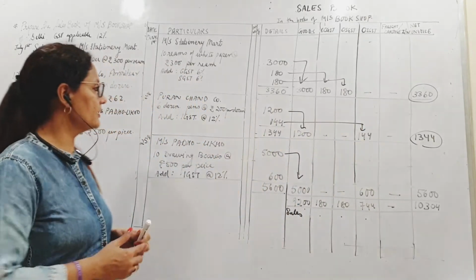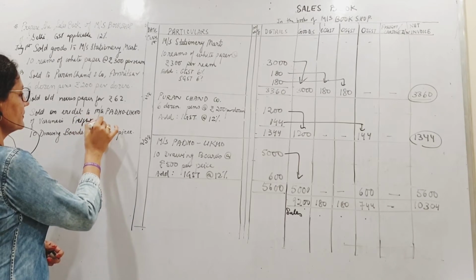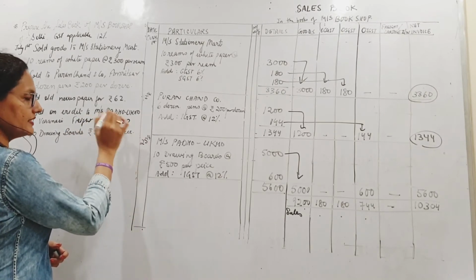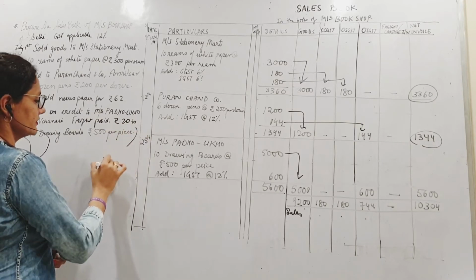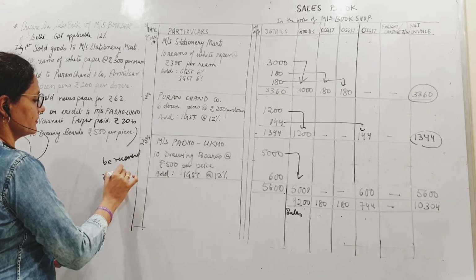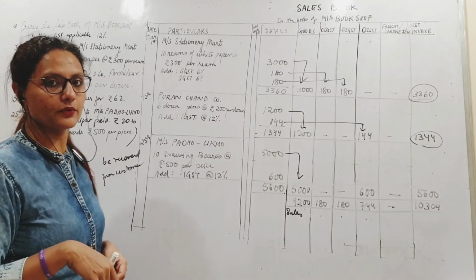Okay, suppose it was given here, freight paid rupees 20 to be recovered from customer. That means my customer is supposed to pay me.